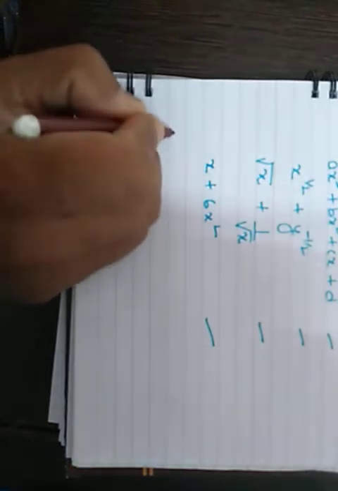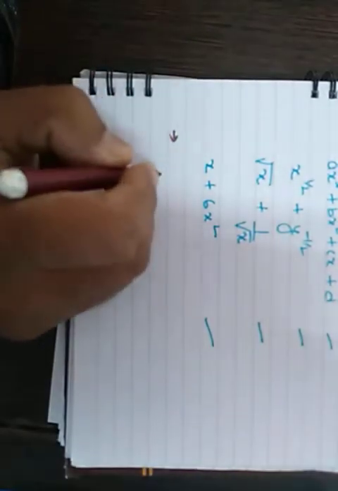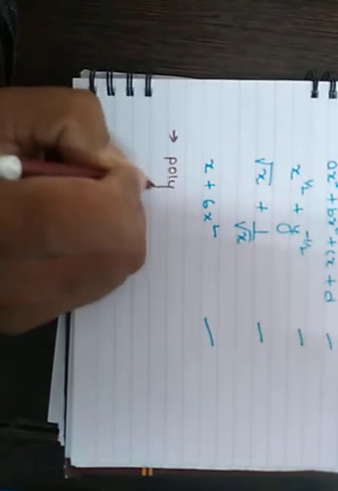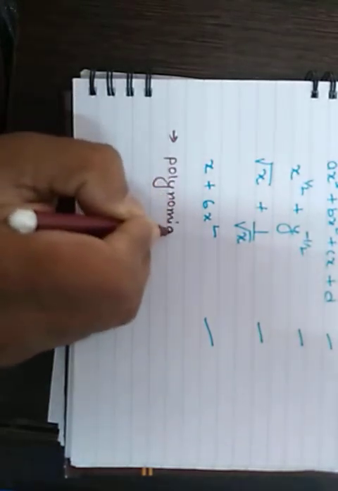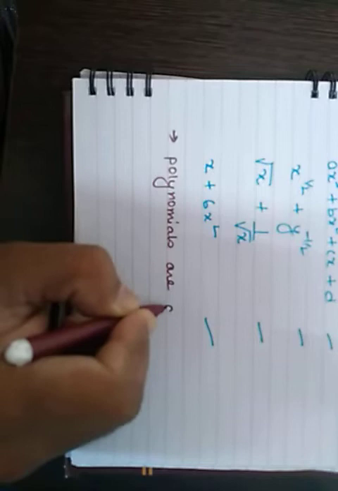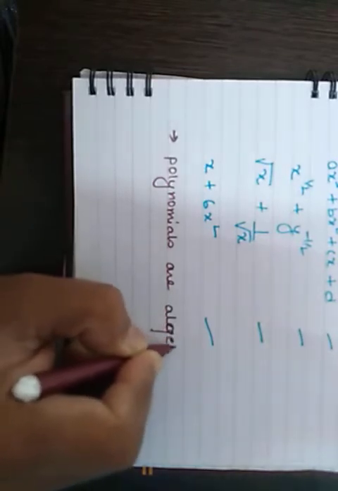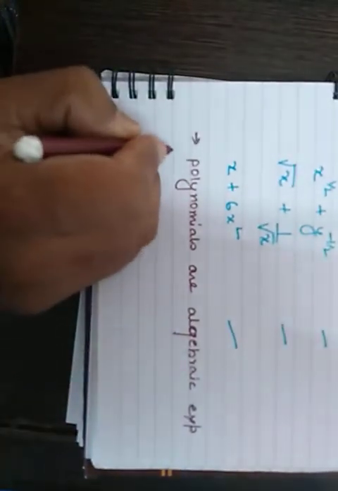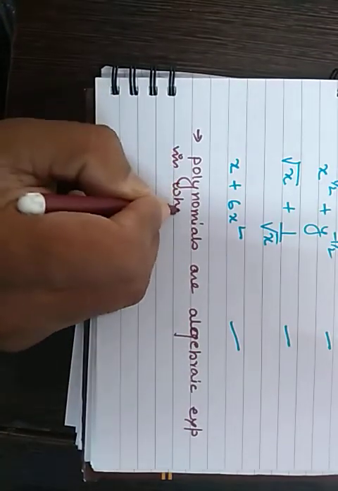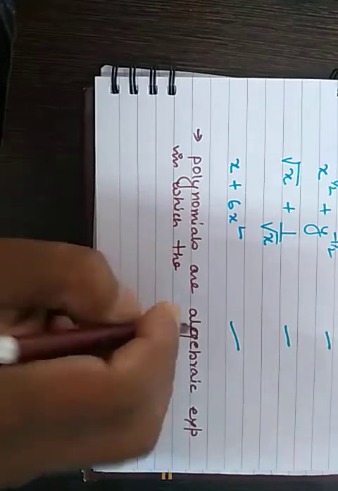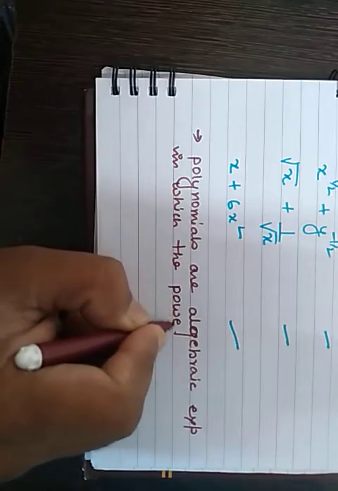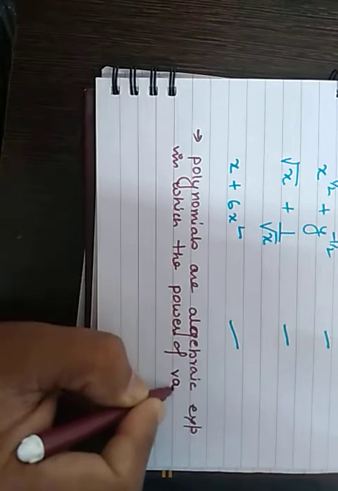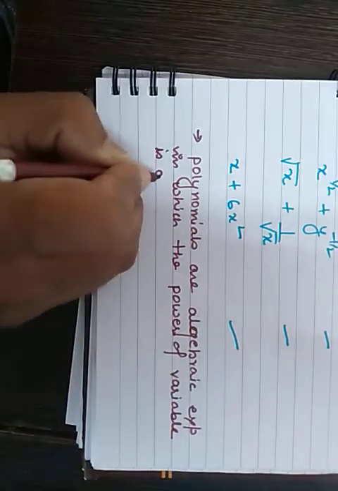Just look at the basic definition of a polynomial: polynomials are algebraic expressions in which the power of the variable is a whole number.